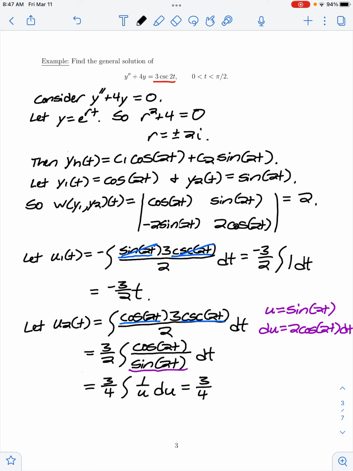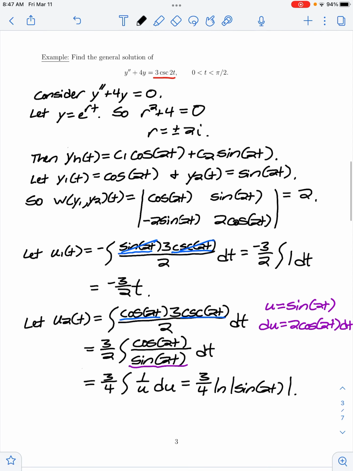So we would have 3/4 the natural log of absolute value u, which was sine of 2t, for our antiderivative. And so once we find u1 and u2, we have our particular solution.